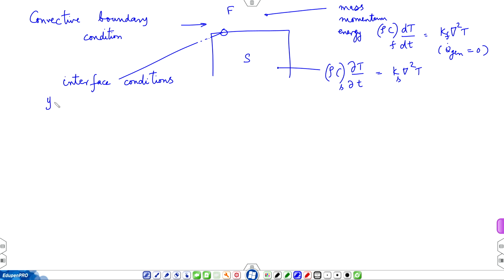Interface conditions. So, let us say y equal to 0. Suppose you are solving on the fluid side, which is y is equal to 0 plus. Then you will say T f is equal to T s. And if you are solving on the solid side, this is at y equal to 0.